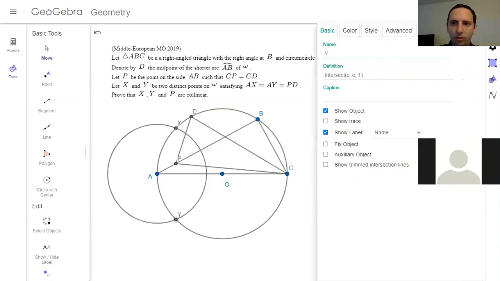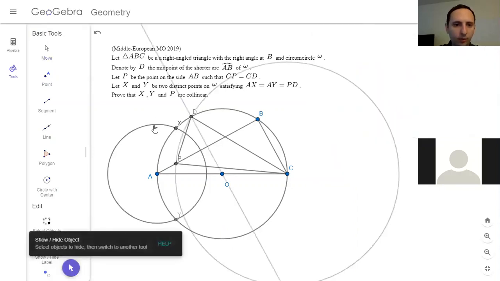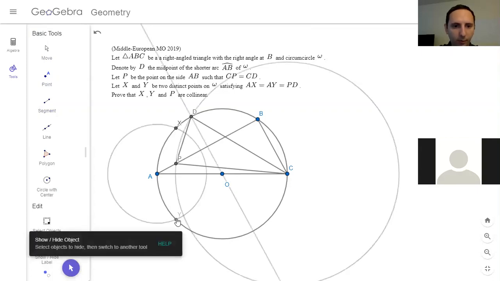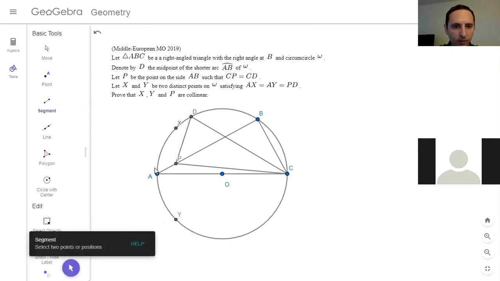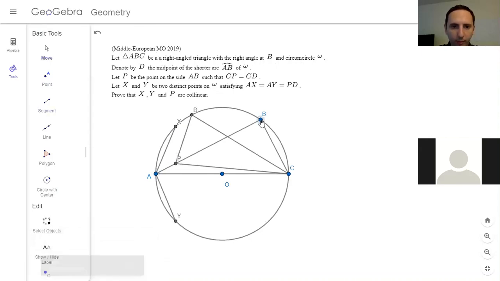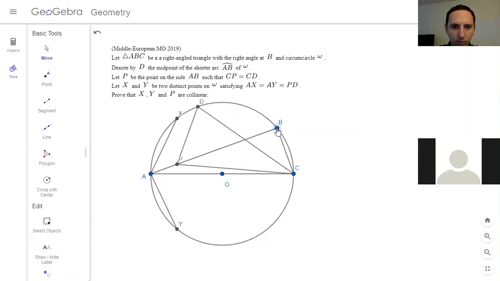All right, so I'm going to hide the circle for now. So AX equals AY is equal to PD. It almost looks like AX and PD are parallel, so I'll move the diagram a little bit. AX and PD shouldn't be parallel, but it's saying X, P, and Y are collinear.